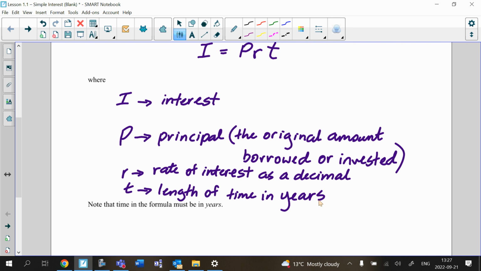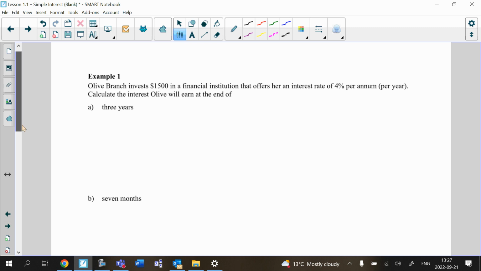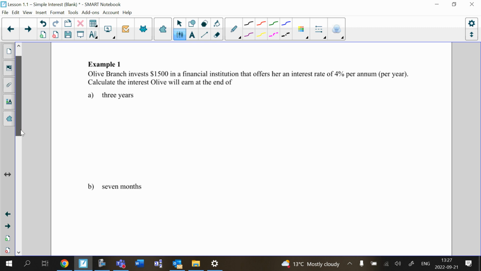So let's just see how we can use this formula. Olive Branch invests $1,500 in a financial institution that offers her an interest rate of 4% per annum. You'll often see this phrase, per annum.